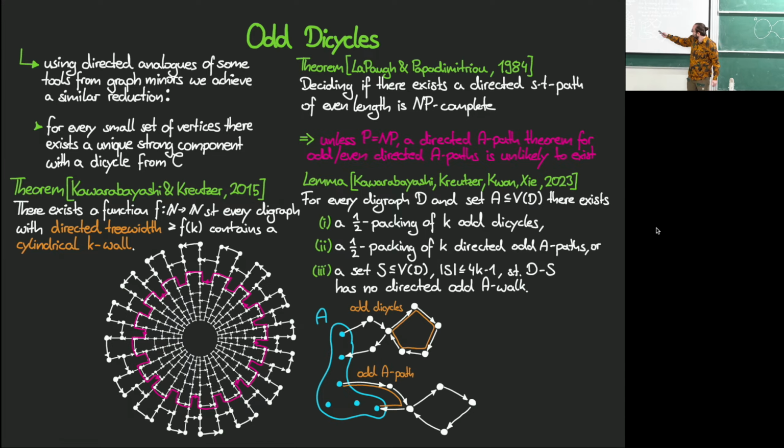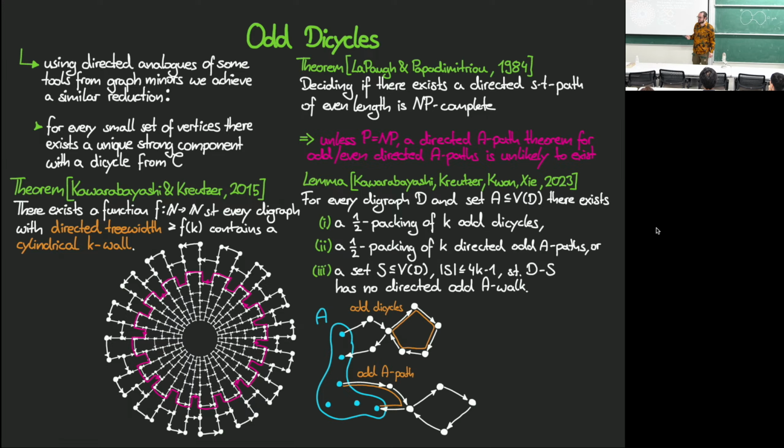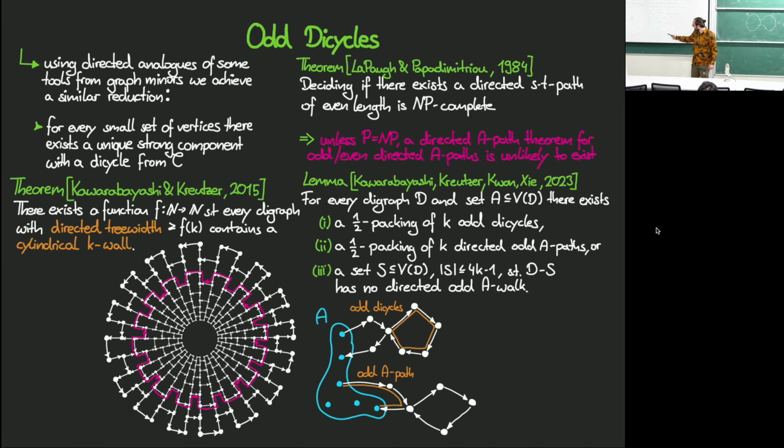Either the walk goes out, closes some cycle, and comes back, where the cycle itself is odd. That's a win, because we want to pack odd cycles. Or the path leaves, could also close some cycle, but maybe the cycle is even, and returns, but then this piece of the walk is an odd path.